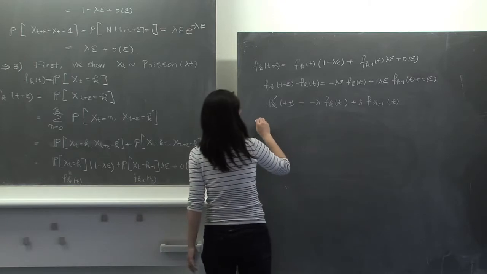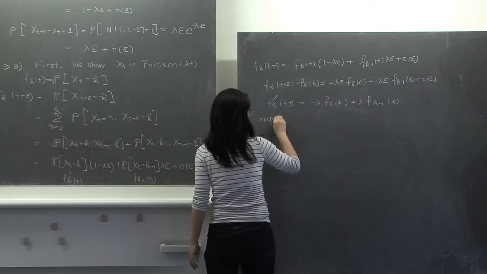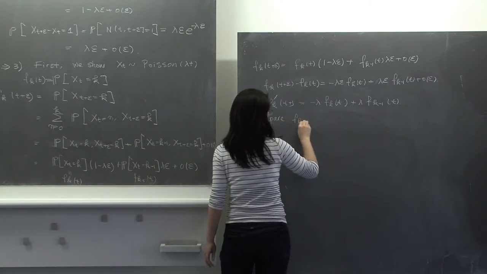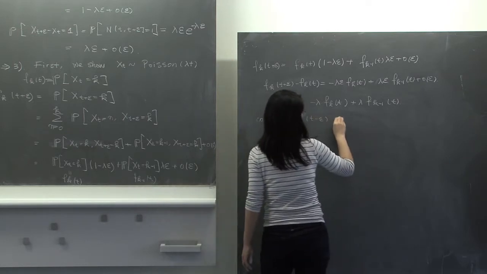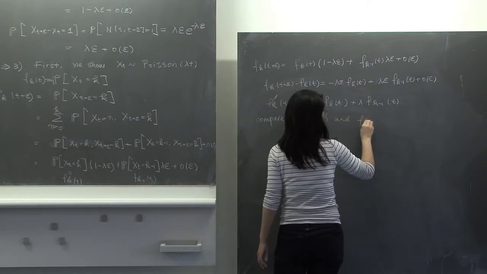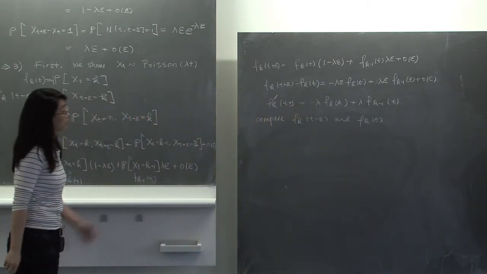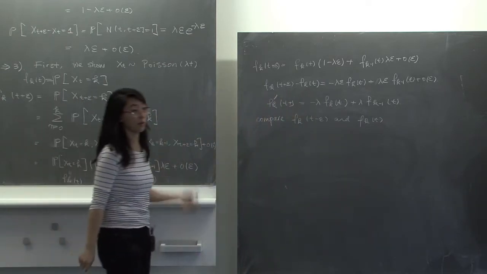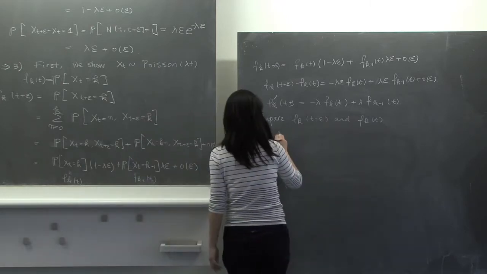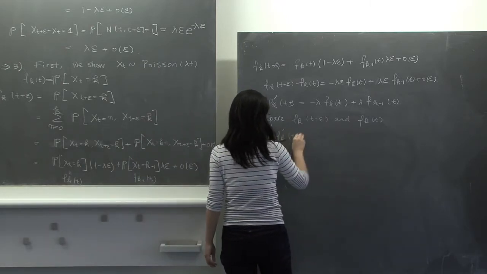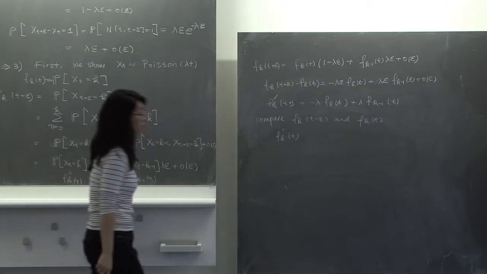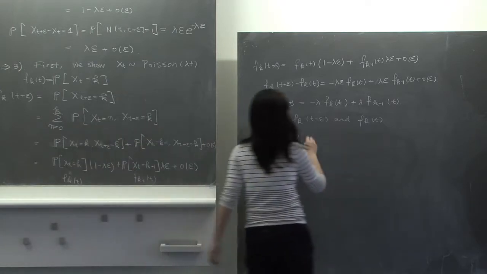And we can compare f_k(t minus epsilon) and f_k(t) similarly, and we can also show that the left derivative is also the right-hand side. So in fact, we can show that f_k is differentiable with respect to t, and the derivative is given by the left-hand side.